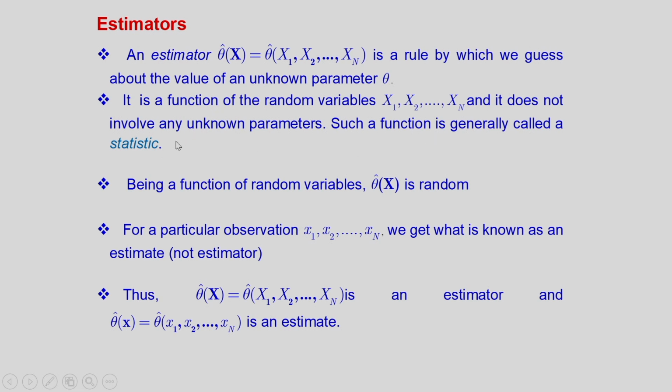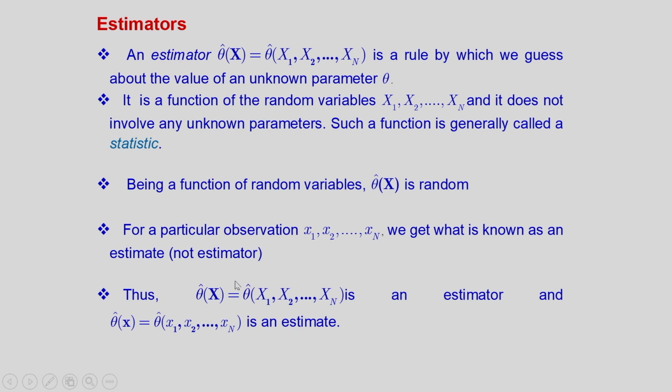So, an estimator is a statistic. Being a function of random variables, theta hat of X is also random. So, theta hat of X is a random variable. For a particular observation x1, x2 up to xn, we get what is known as an estimate, not estimator, of the parameter theta.